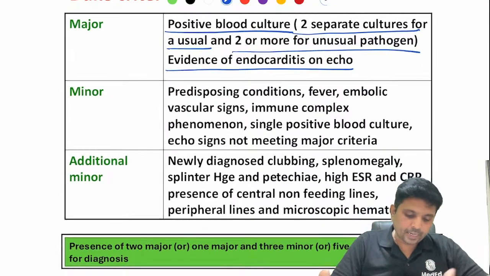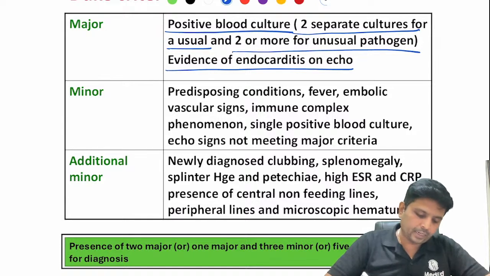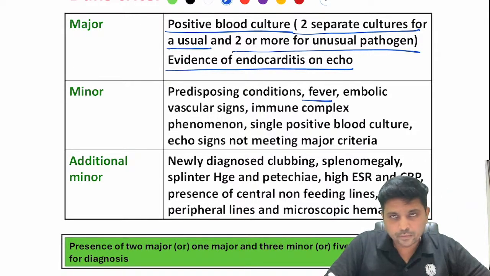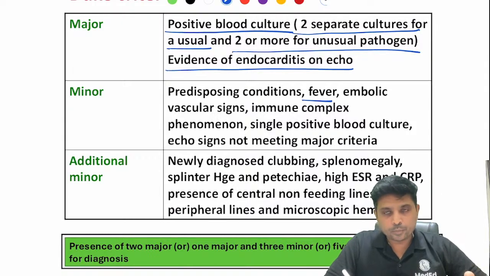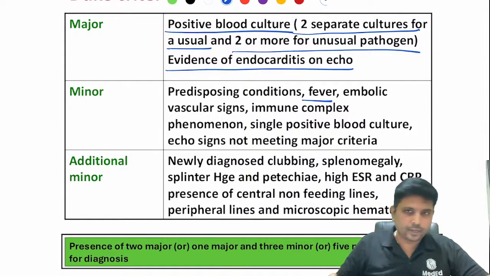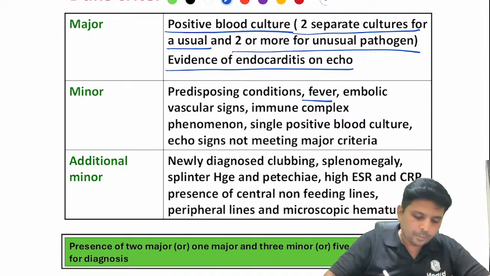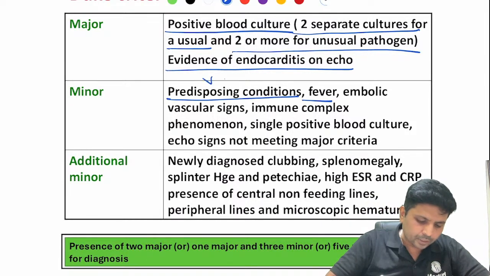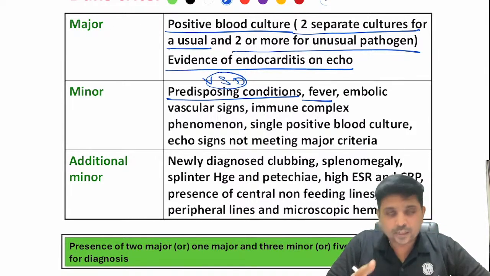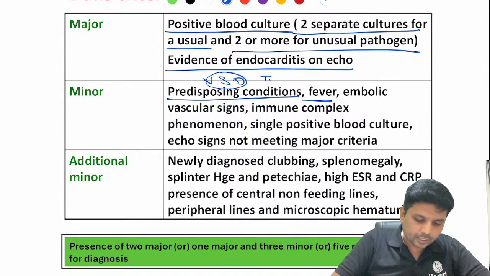Whereas minor criteria, what are the minor criteria? As I told you already, any child brought with fever in the background of established rheumatic heart disease, in the absence of cold and cough, is infective endocarditis unless otherwise proved. Predisposing condition, most common is VSD with respect to acyanotic, and tetralogy of Fallot with respect to cyanotic.